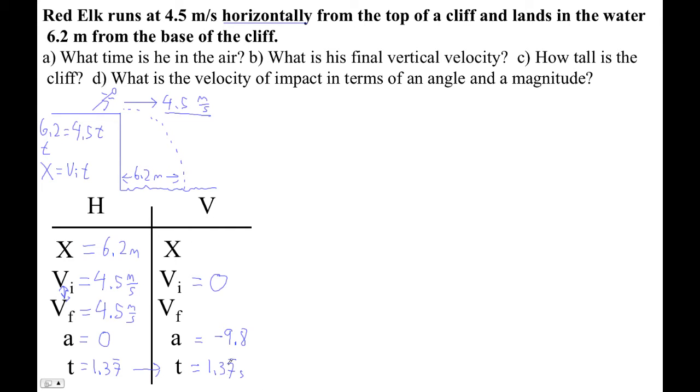Now I'm in luck, right? Now I can solve this side. I've got 1, 2, 3 things that's solvable, right? So for my final vertical velocity, I'm going to choose v_f is v_i plus at. Let's see, v_f is 0 plus negative 9.8 times 1.37 repeating, right?